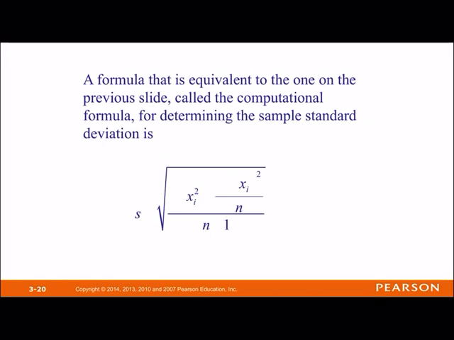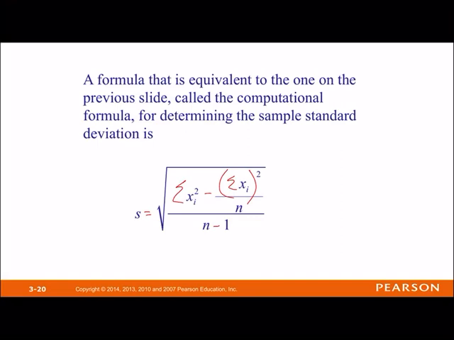Okay, so a formula that is equivalent to the one on the previous slide is going to be the computational formula. Just like we had a computational formula for the standard deviation, we're going to have the computational formula here for this one as well. Okay, and that is S equals the square root of the sum of x squared minus the sum of your x's squared divided by n, all over n minus 1.